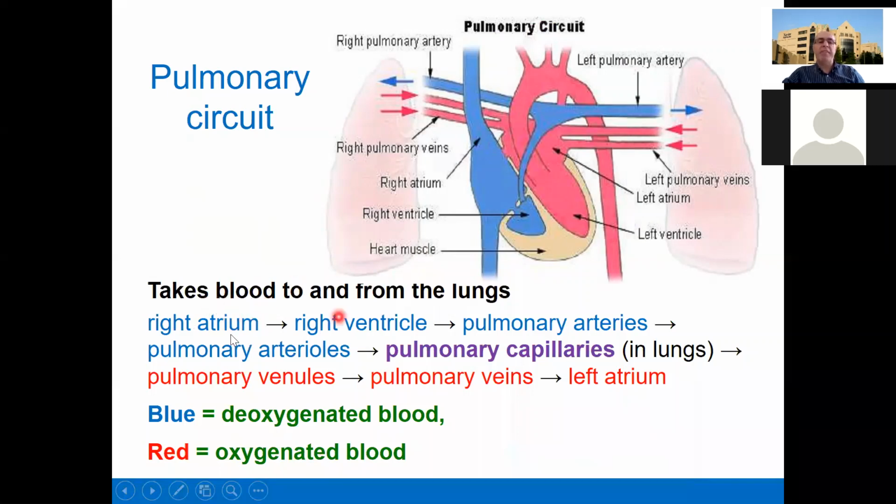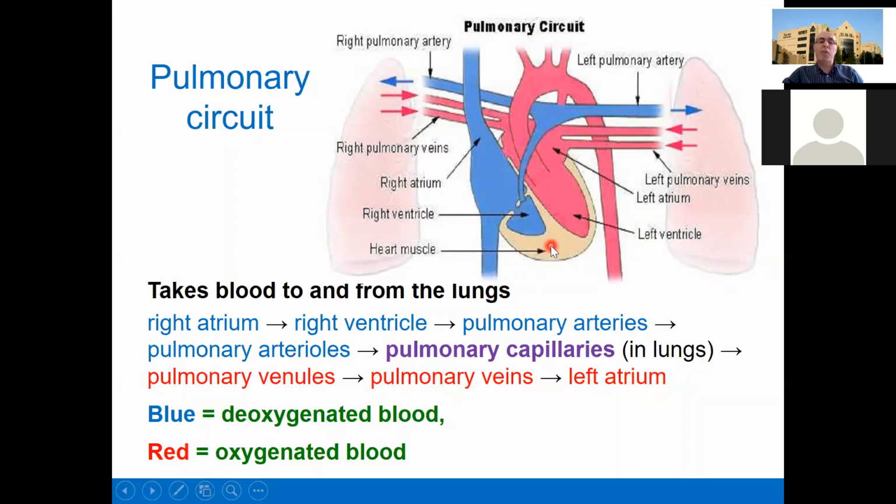You see here in a big picture the pulmonary circuit. As I said, it starts with the right atrium, and the deoxygenated blood, in blue color, comes back through the vena cava to the right atrium and then the right ventricle.